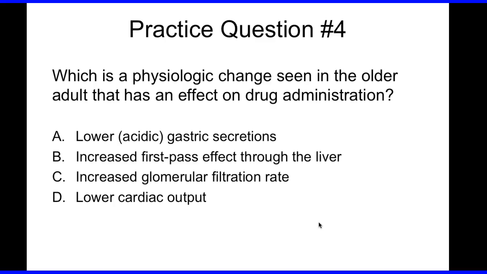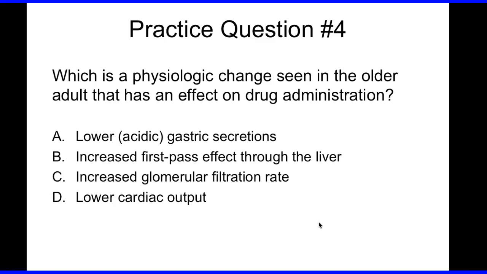Increased first pass effect through liver. Is it increased or decreased? I'm thinking decreased. Increased glomerular filtration rate. I think it's decreased. And a lower cardiac output. So they do have a lower cardiac output.